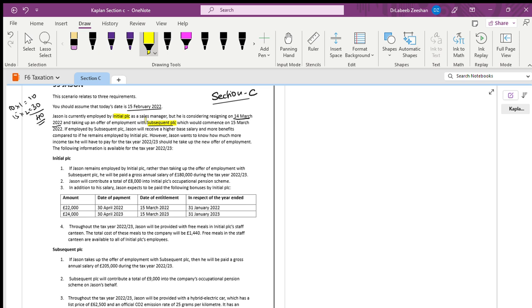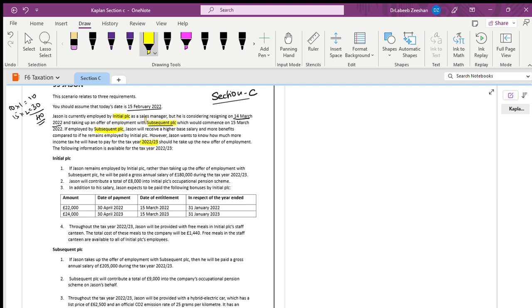If employed by Subsequent PLC, Jason will receive a higher basic salary and more benefits compared to remaining with Initial PLC. However, Jason wants to know how much income tax he has to pay for the assessment year 2022-23 should he take up the new offer of employment.